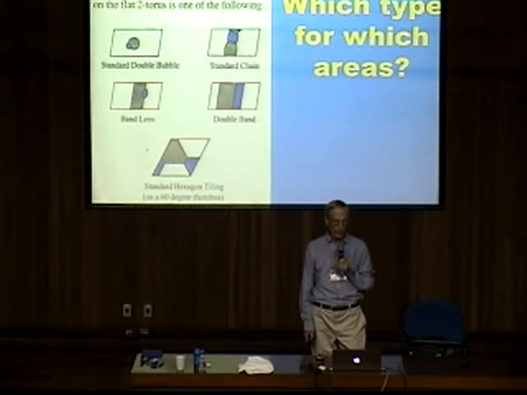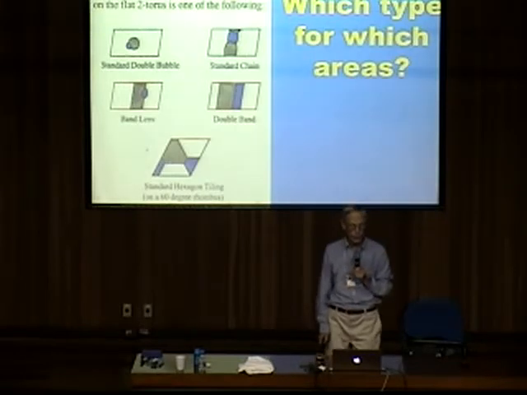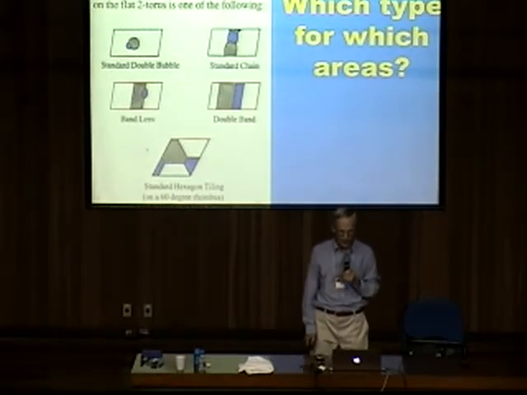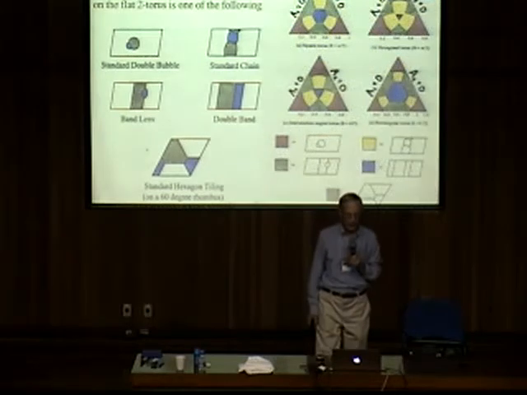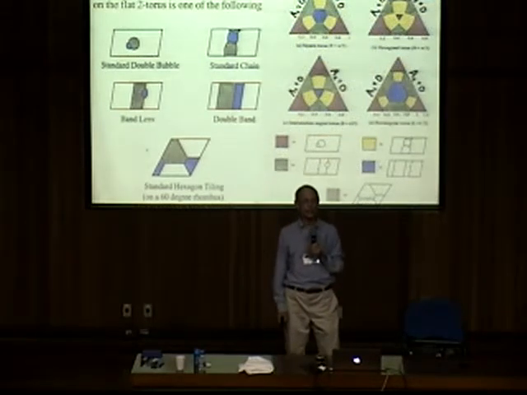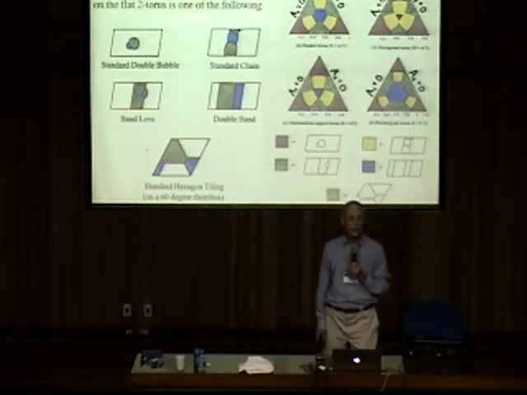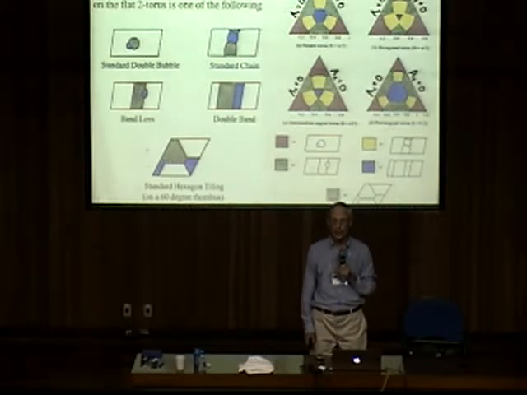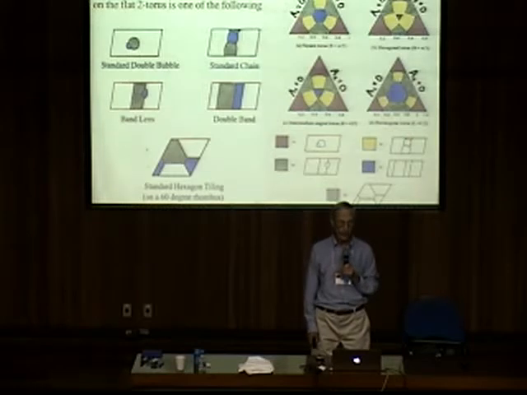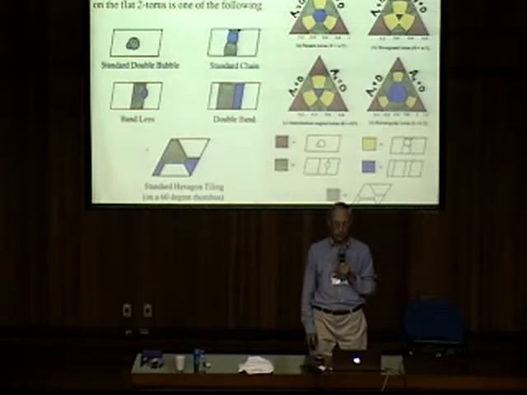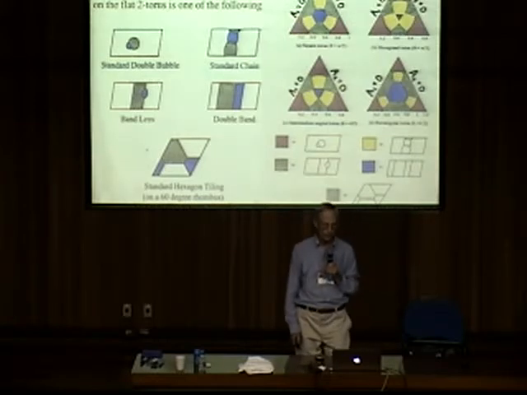So those are basically the four types, and then you can ask which type you get for which areas, and that's shown in this colorful picture there in the upper left. That's the picture for the square torus. On the edges, one of the areas goes to 0. So at the vertices, two of the areas go to 0. So two areas very small, and that's when you get the red standard little double bubble in the corners of the triangle.